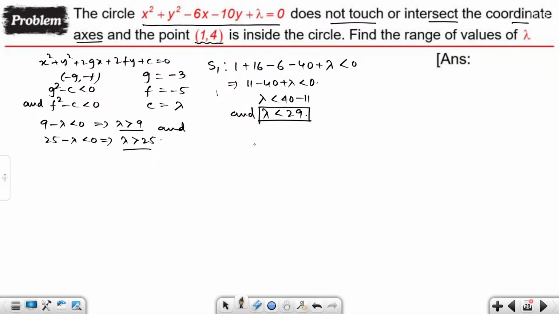If we combine this, we will say that lambda is greater than 25 and less than 29. And that is the range of lambda for which the given circle will neither touch nor intersect the coordinate axis, and the point 1, 4 is inside the circle. Is it right? Okay, now let us reveal the answer.